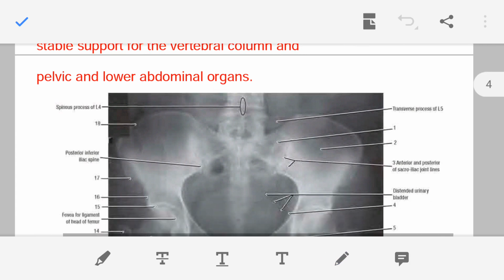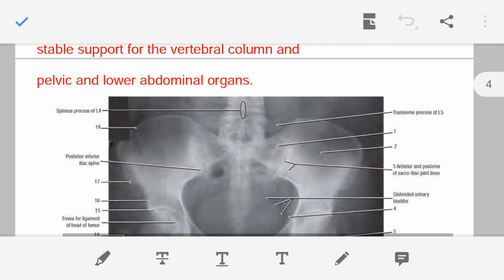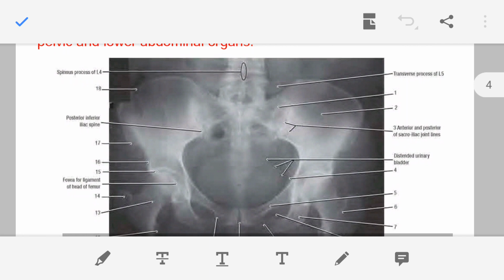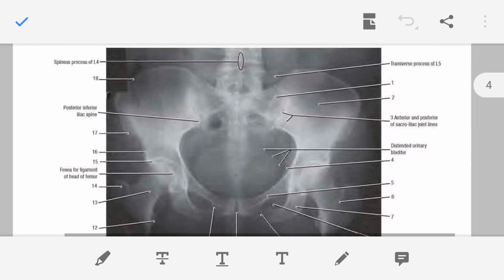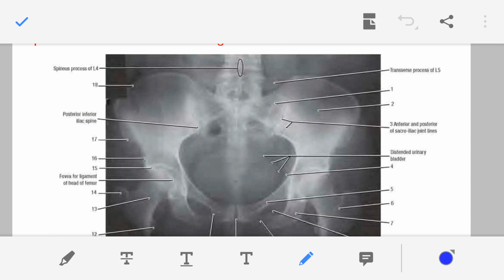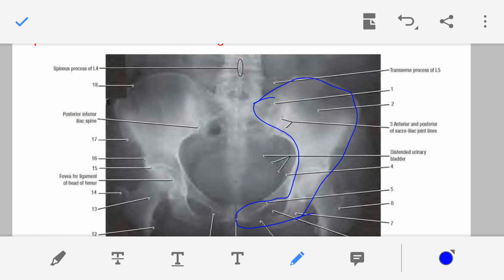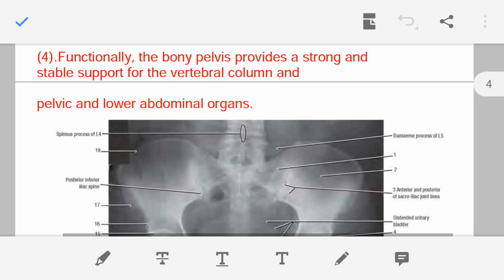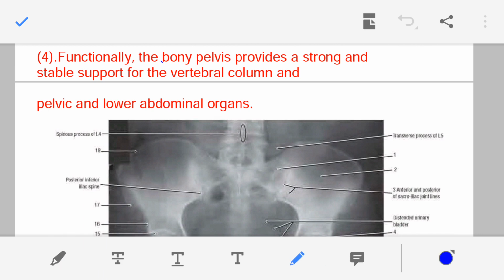For example, as you can see, this is the radiograph, the x-ray of the bony pelvis, and this entire bony pelvis is supporting the vertebral column. So in the fourth point, we are remembering that the function of the bony pelvis in our body is that it supports the vertebral column.